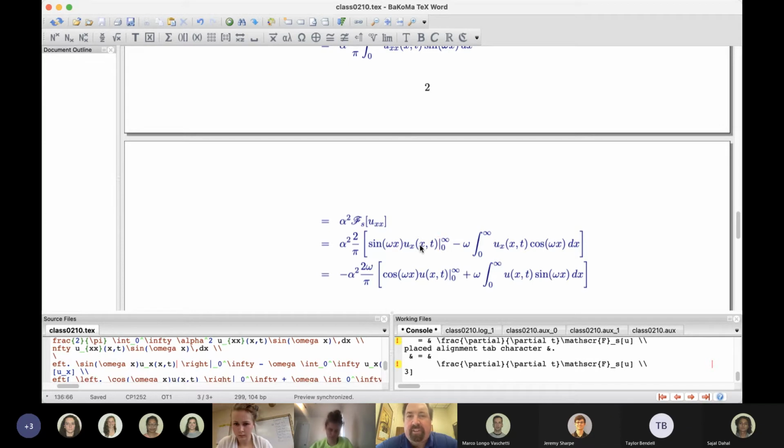So it can't be a function that's growing with x. It has to be a function that decays to 0 at infinity. So I plug in x equals infinity, and this whole thing will go away because of this part being 0. If I plug in x equals 0, well, sine of 0 is 0. So that goes away also. So in other words, these boundary terms go away completely.